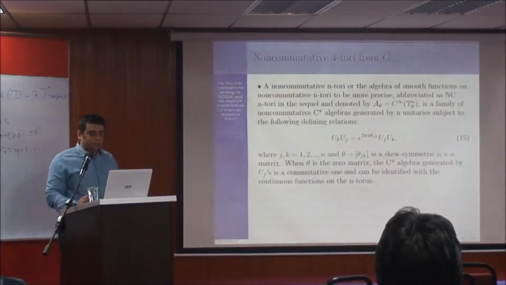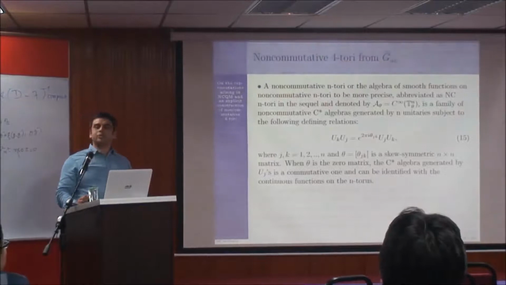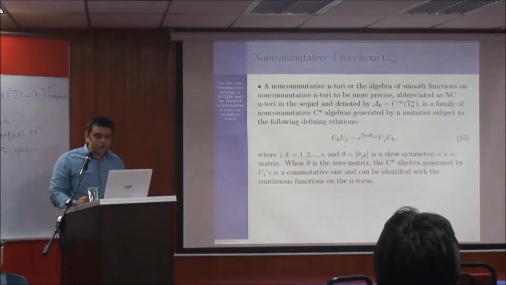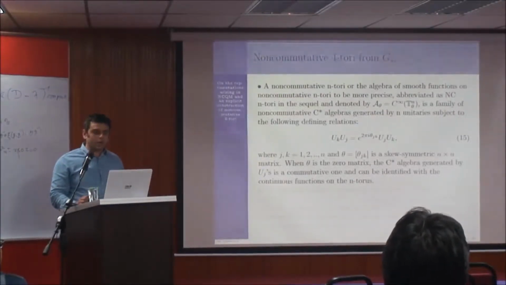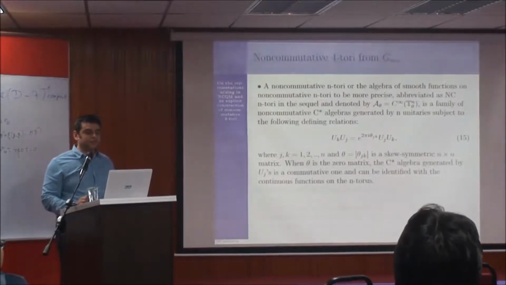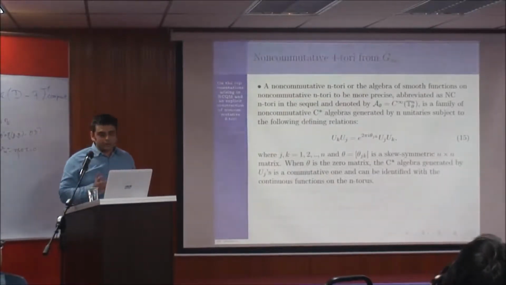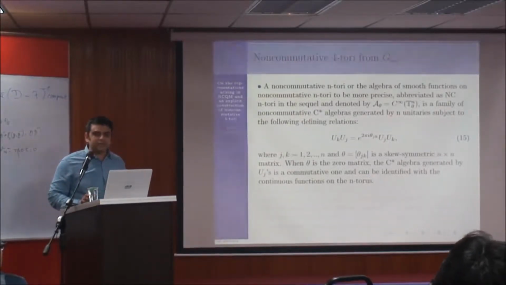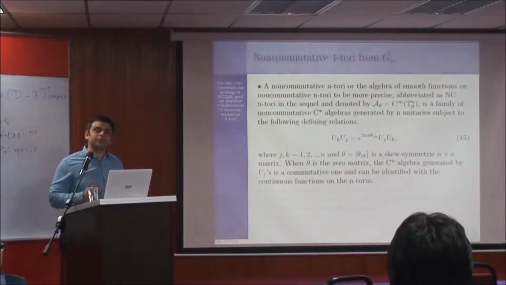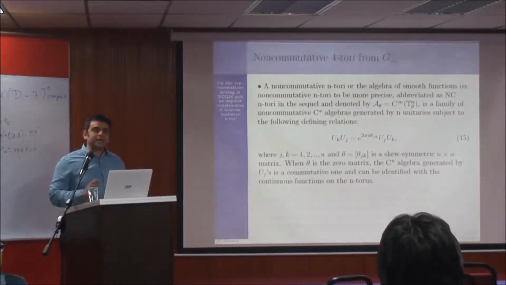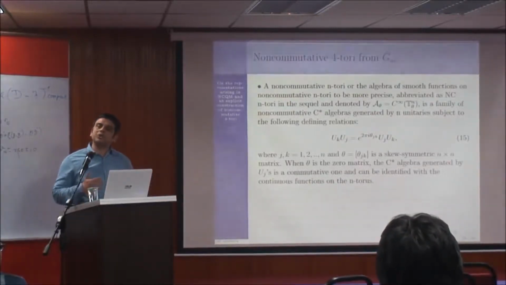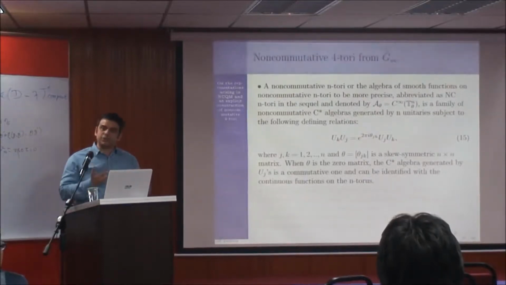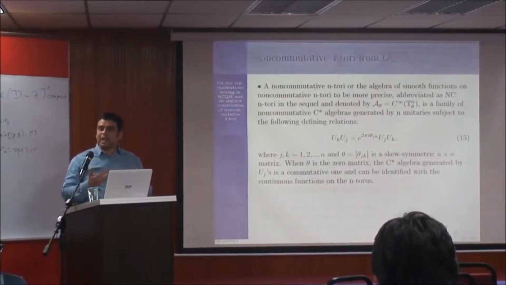Okay. So here is the general definition of non-commutative 4 tori. A non-commutative n tori, or the algebra of smooth functions on the non-commutative n tori. So here I have to say a few words about it. Even for quantum groups, it's hard to understand the structure of quantum groups. So what one studies is the smooth functions on the quantum group, and tries to understand the structure of the quantum group by studying this algebra of functions.